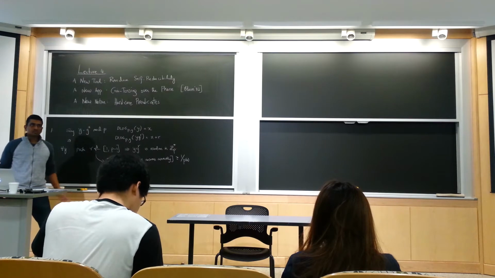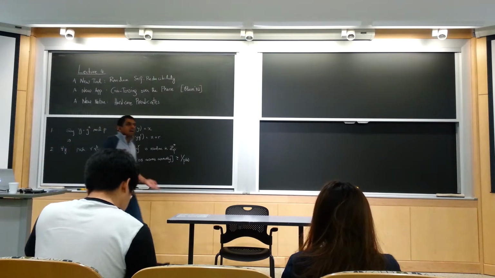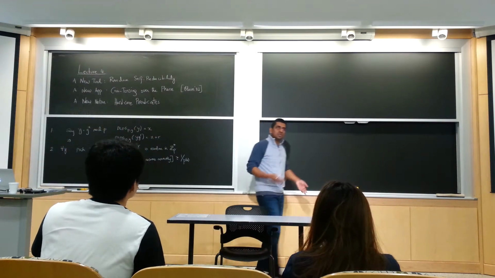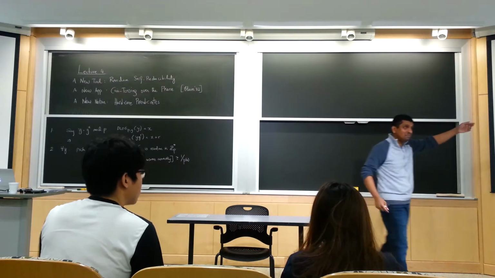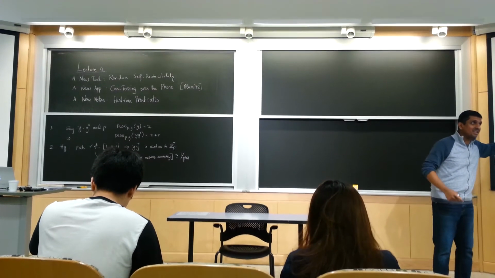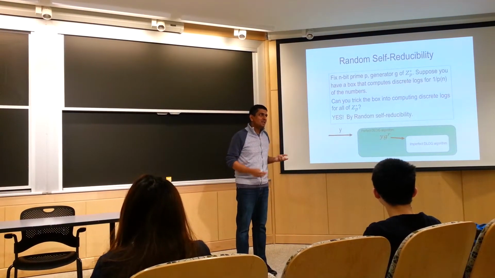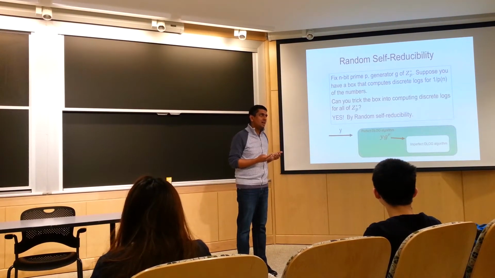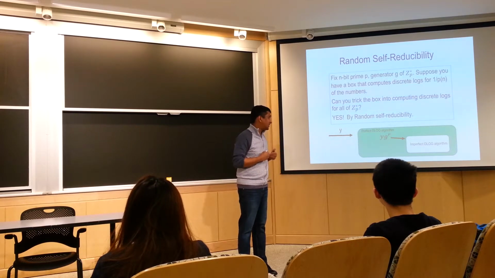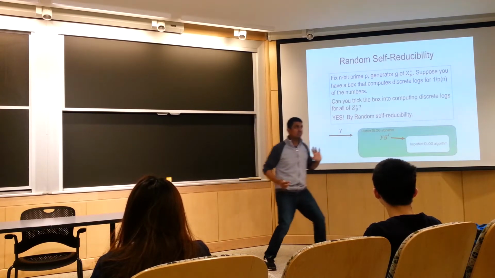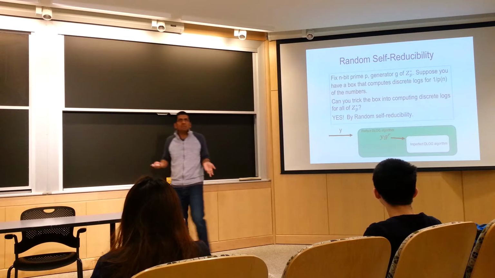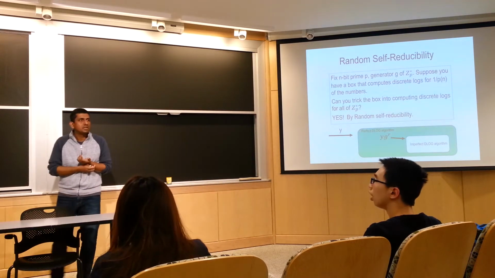Accept? So how many times do I have to do this process? I can keep picking r, one, two, three, four. Eventually, he's going to be tricked into giving me the discrete logarithm of whatever I feed him. Then I subtract out r. How many times do I have to do this in expectation?